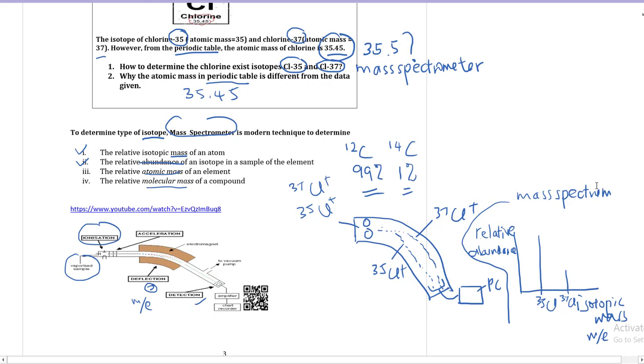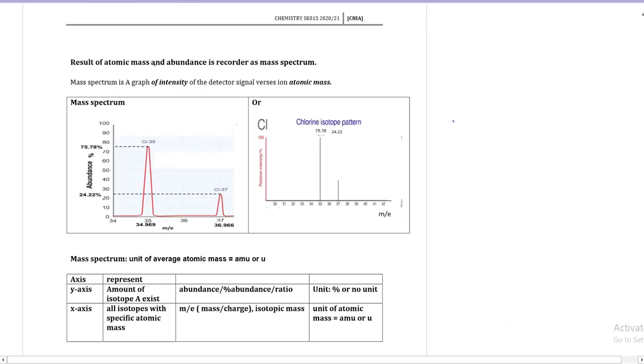For the next slide, we'll learn how to interpret this mass spectrum. Now this is the result, atomic mass and abundance recorded as a mass spectrum. A mass spectrum is a graph of the intensity of the detected signal versus ion atomic mass. Intensity here means the percentage of the isotope existing in this world.